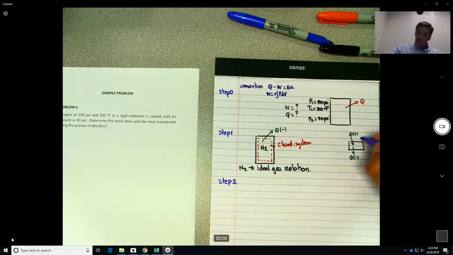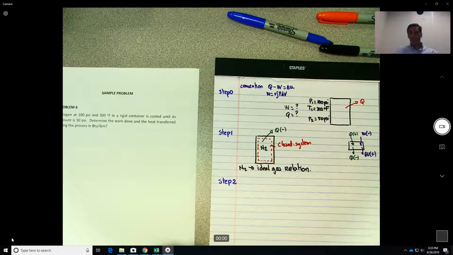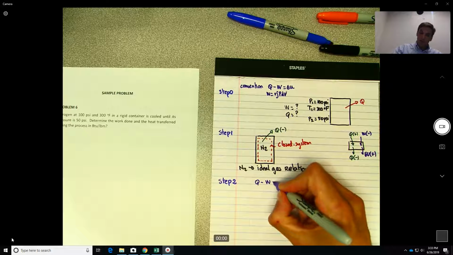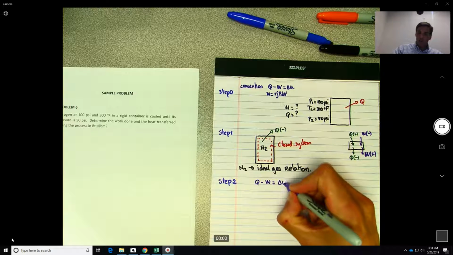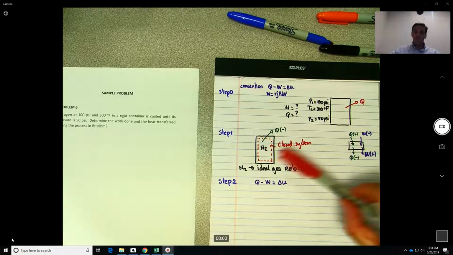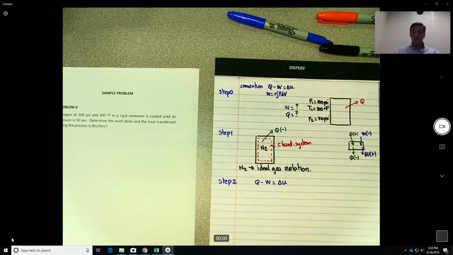If we use that one, the work going in is negative and the work coming out is positive. So we have Q minus W equal to the change in internal energy. Now, if you look at the figure, is there any work being done? No.